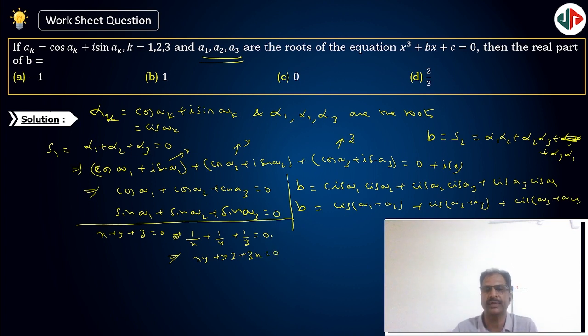What is x into y? X into y is cis A1 into cis A2. So what is B? B is nothing but cis A1 into cis A2, which is xy, plus yz plus zx, which is 0.